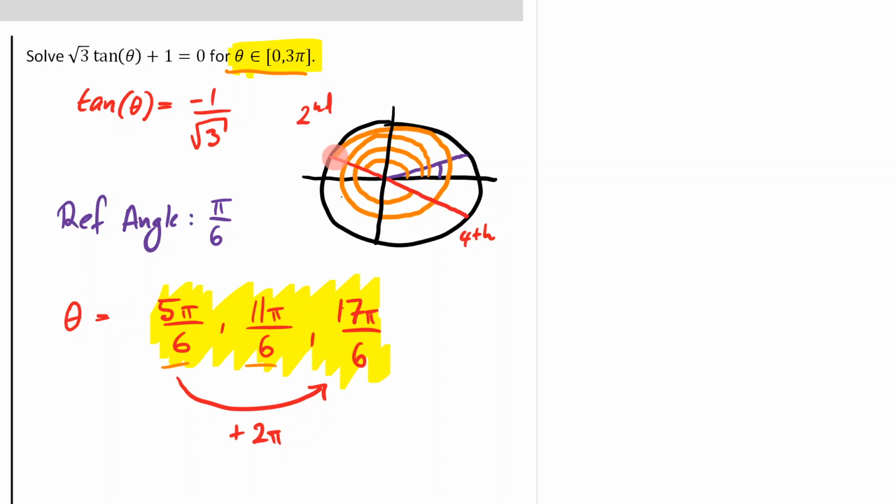That domain, even if you understand it, you can leave now, but just to break it down a bit more, if we picture a number line here, so here's 0, here's 2 pi, here's 3 pi. What we figured out is that we have 5 pi on 6 here, we have 11 pi on 6 there, but I need to stop at 3 pi, so there's still one more here, and there was one at 17 pi on 6.